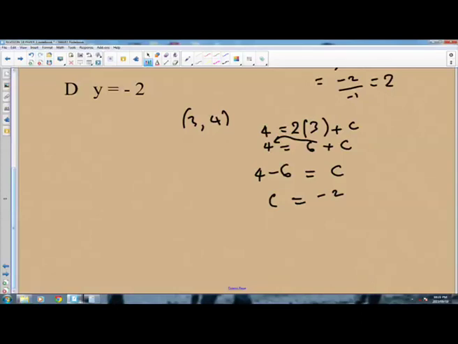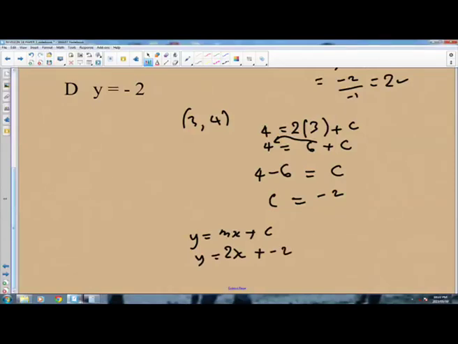And we said the equation of the line has to be in the form y equals mx plus c. Now, if you substitute in this equation, we have y is equal to, what is the value of m? It's 2, it's here. Then this will be 2x plus, and then what is the value of c? Minus 2.